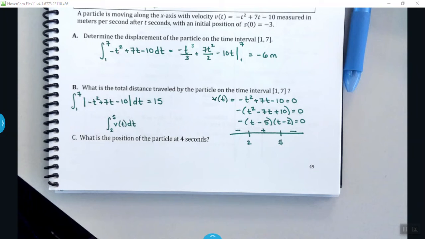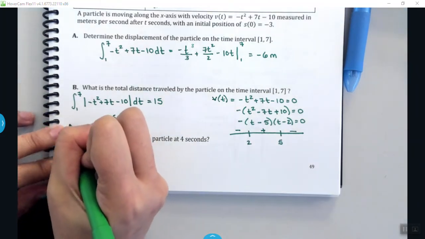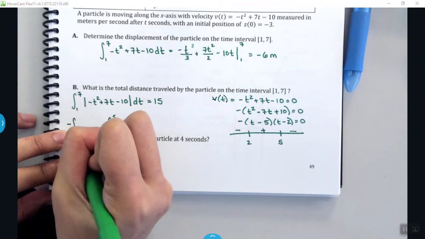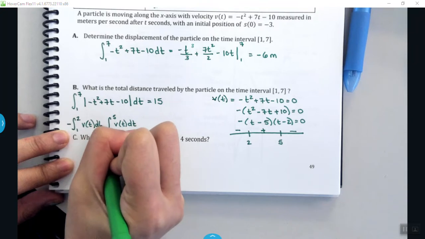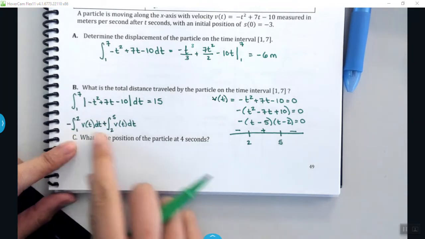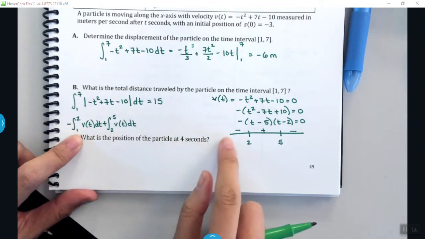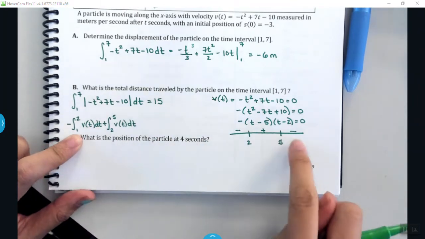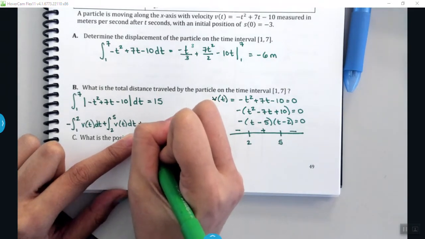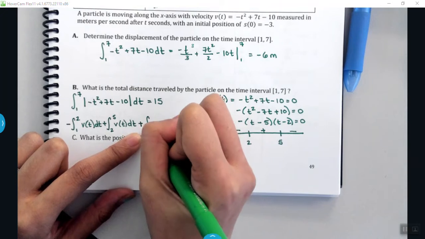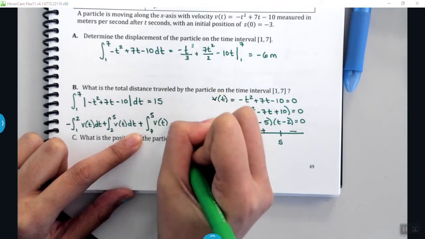There are 3 ways you can make that positive. The first way is to put a negative outside and go 1 to 2 of v of t, and then add it to the positive part. So that's one way of making this negative part positive. Another way is to just add it, but flip it and go 7 to 5 of v of t dt.